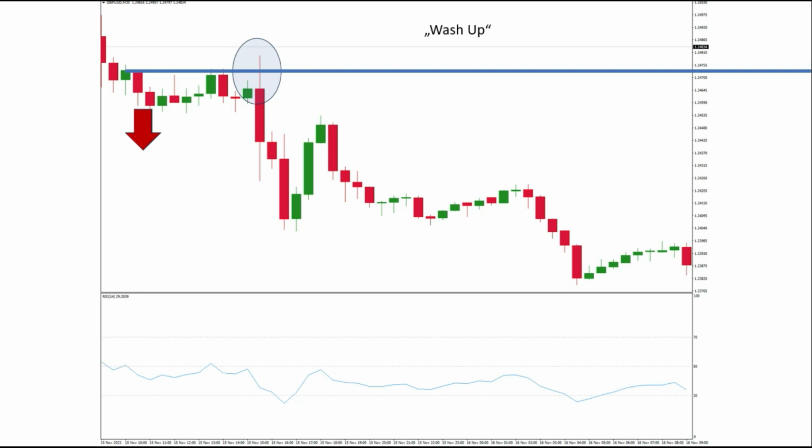The expression that traders use very often in prop companies is wash up. I use it very often. It's a moment when you create a trade, you create an entry position, you put a stop loss, you put a target, and the price reaches your stop loss, you lose the trade by just 1 pip or 2 pips, and then very fast it goes in the opposite direction, in the direction that you wanted to target.